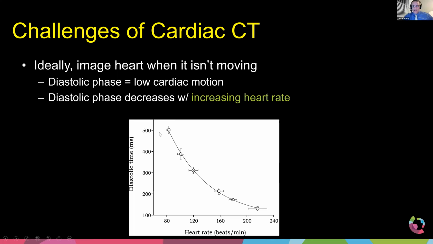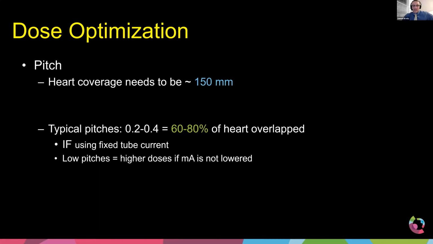Unfortunately, when your heart starts racing, or you're just unhealthy and your heart rate's already up this high, to image in the diastolic phase where there's minimal cardiac motion, your time frame decreases substantially, going from 500 down to 200 milliseconds or even lower. So imaging a fast moving heart only gets harder because we have a much smaller target to hit if we're trying to image in the diastolic phase.